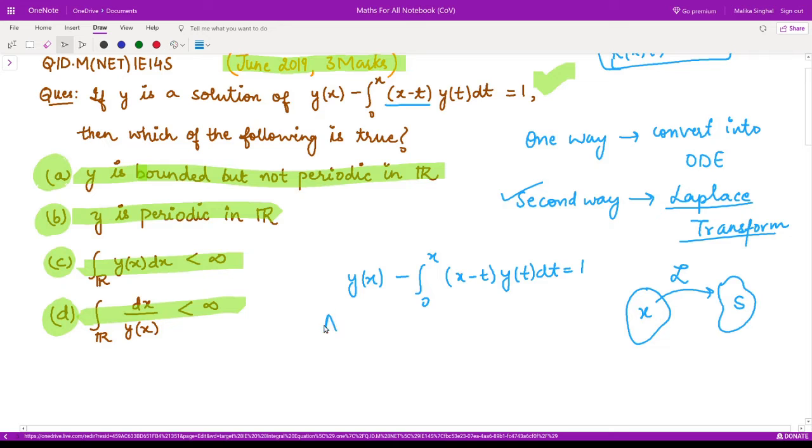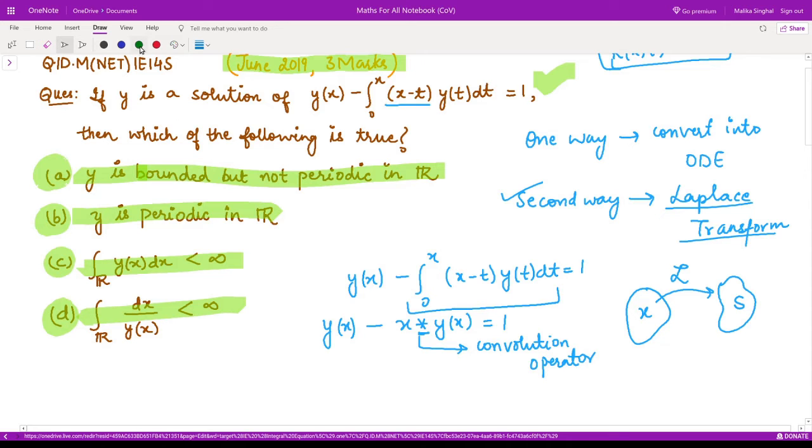First of all, let me write this in terms of convolution. It would be y of x minus x star y of x is equal to 1, where this star is the convolution operator. And what is the definition for that?